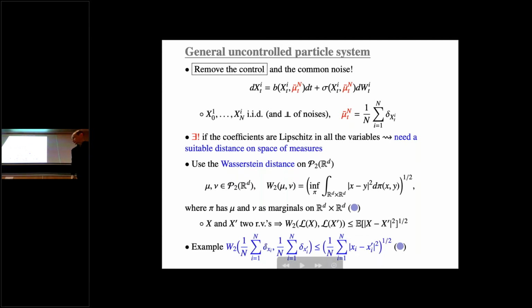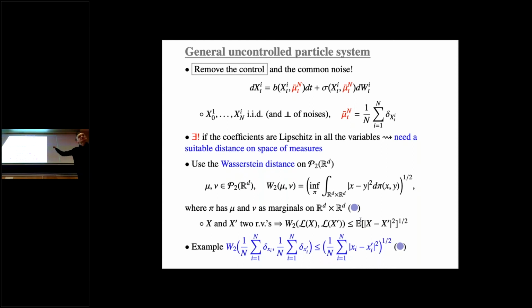I claim that the Wasserstein distance between the two empirical measures is less than the L2 distance in R^d with a suitable weight 1 over n in front of the sum. This is exactly the top inequality for a well-chosen probability space.